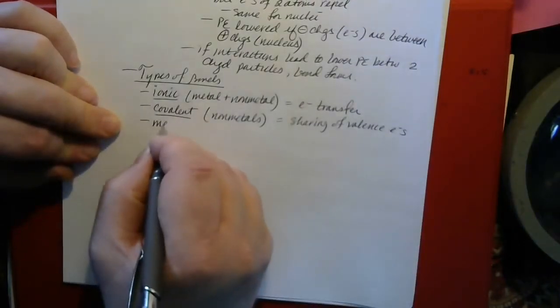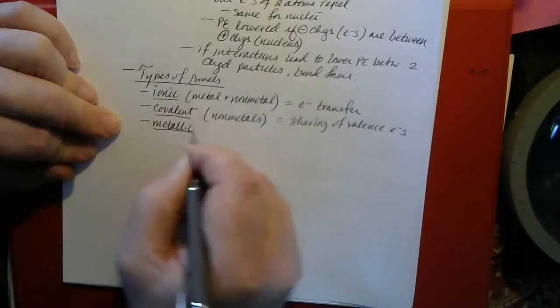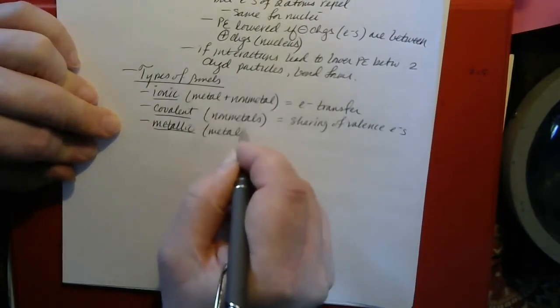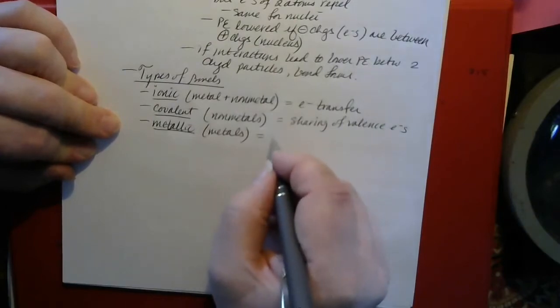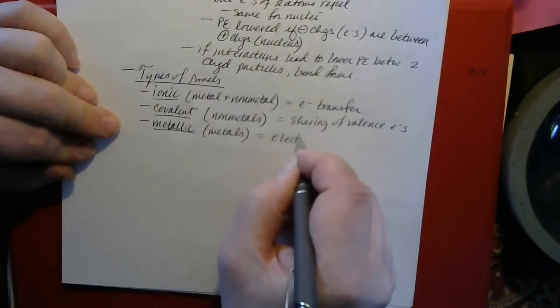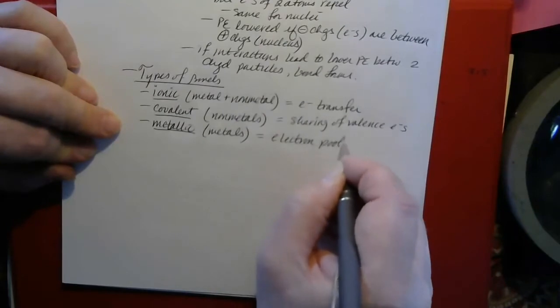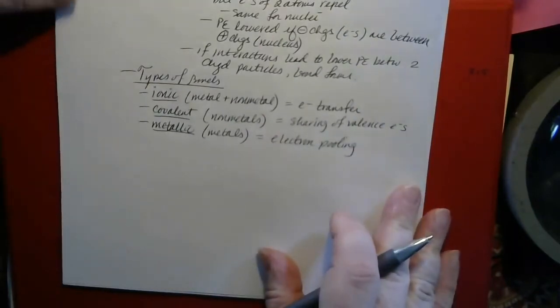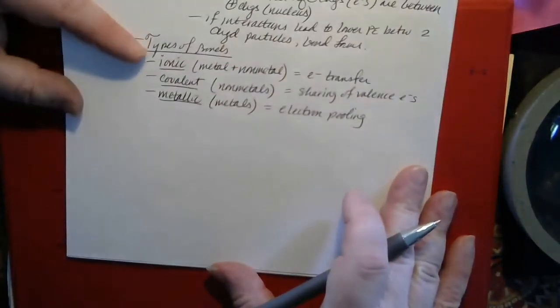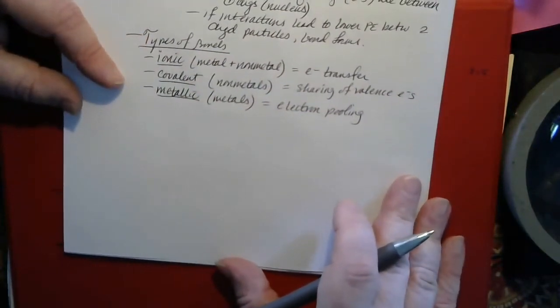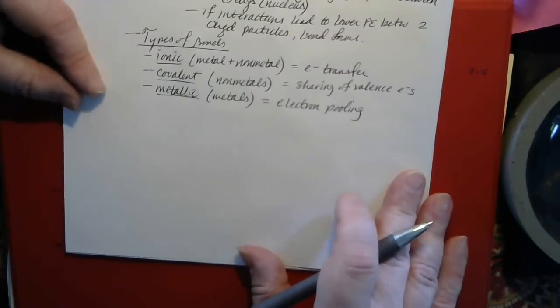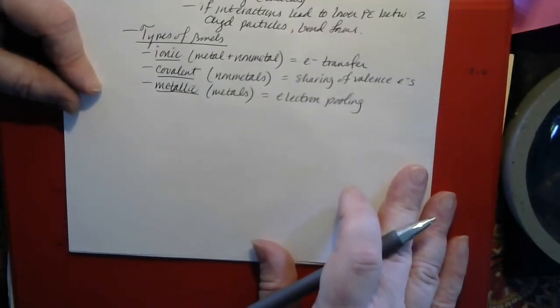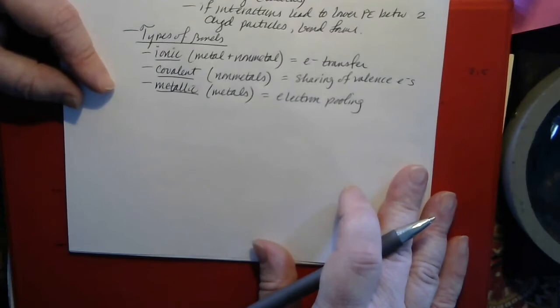And then there's metallic bonding. And that occurs within metals. And that's effectively a kind of pooling of electrons. That is, the nuclei of the metal atoms are more or less fixed in place, but the valence electrons are not tightly held, and they're able to move and flow all over the place. They're sort of jointly shared by all of the nuclei in the entire chunk of metal.